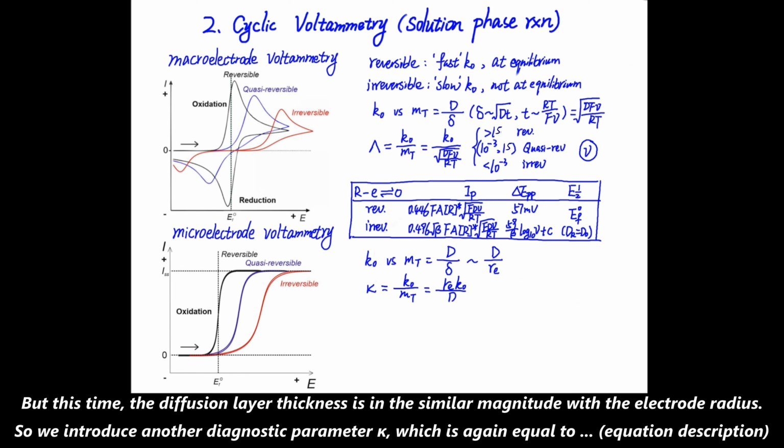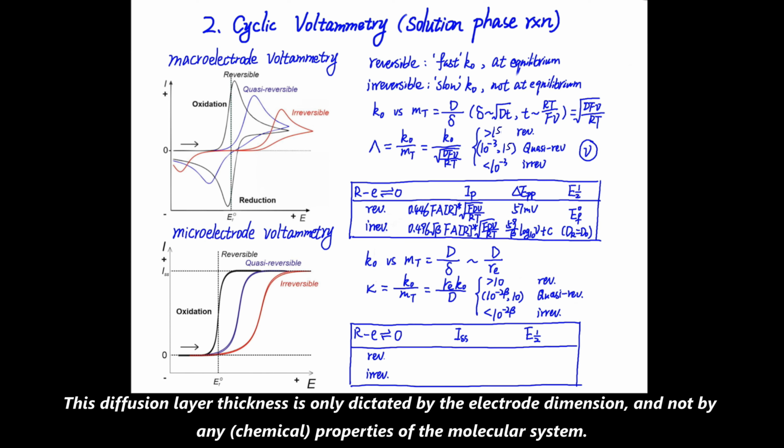Then we must notice that the steady-state current is independent of the reversibility of the system, and this can be understood because the steady-state current is a diffusion-limited current, which is only controlled by the diffusion layer thickness, and this diffusion layer thickness is only dictated by the electrode dimension, not upon any properties of the molecular systems.